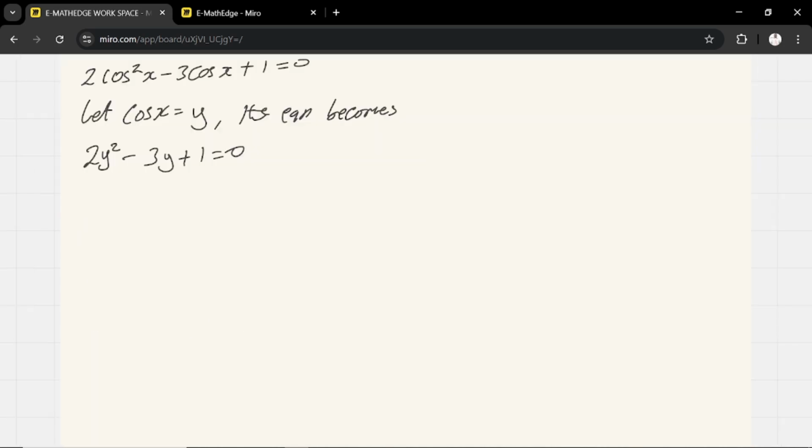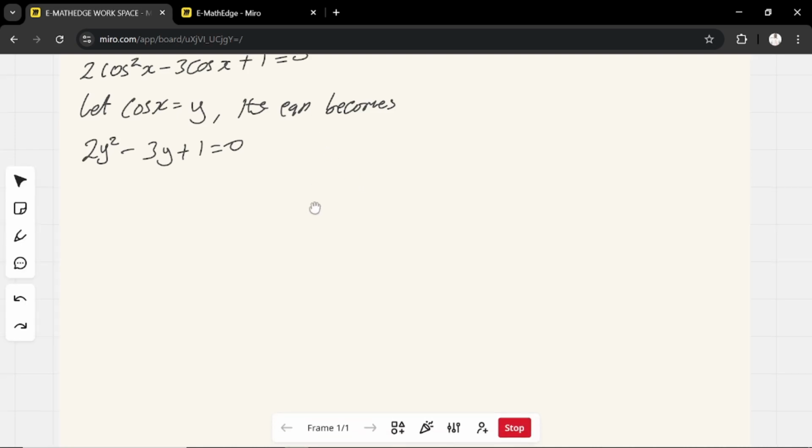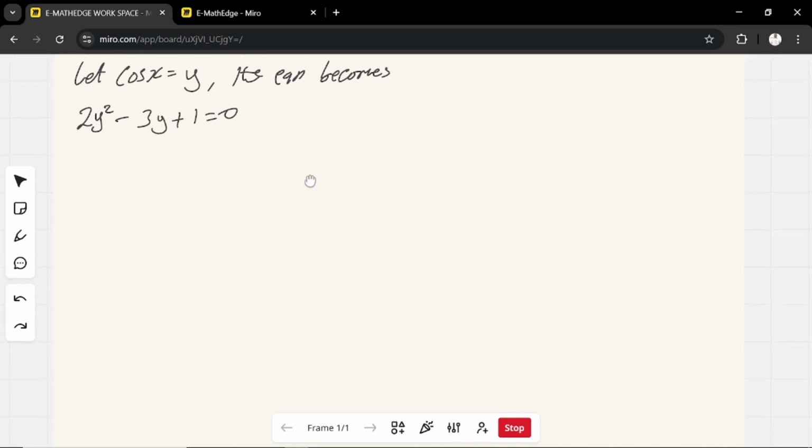So what we are going to do now is to use any of the quadratic methods to solve this quadratic equation, either the elimination method, or the quadratic formula, or possibly the graphical method. So now let's use the quadratic formula to solve this equation.